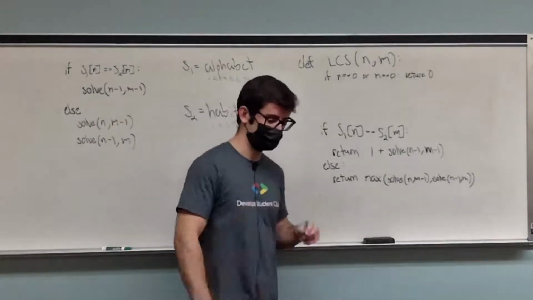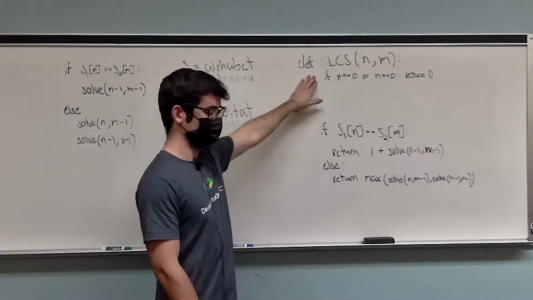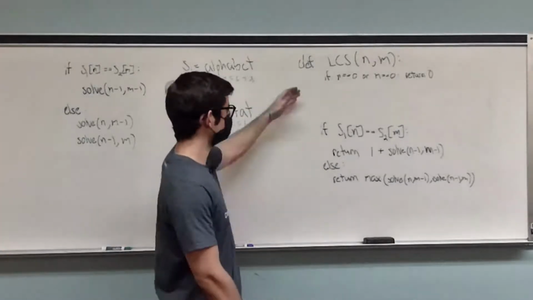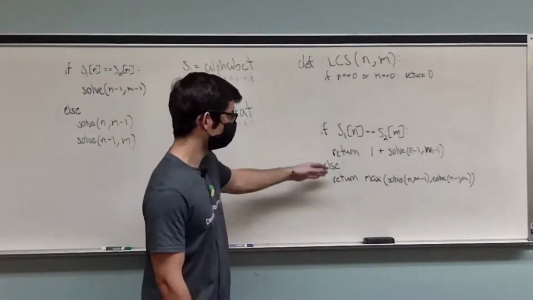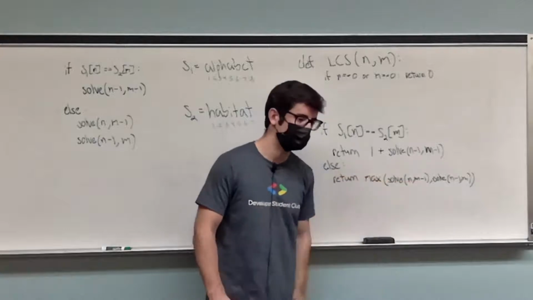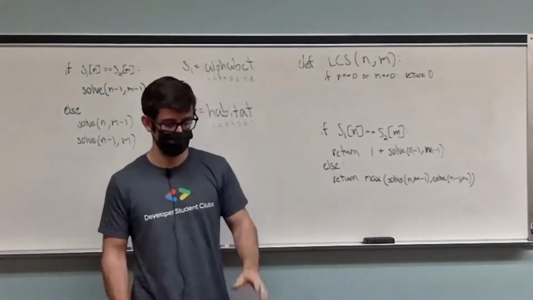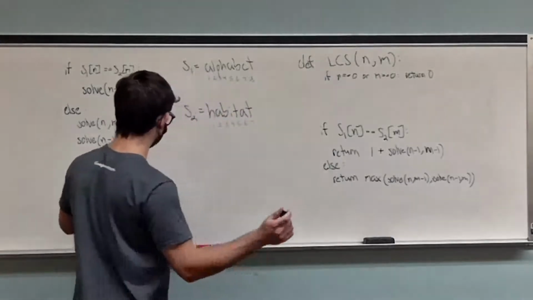Okay, so yeah, you're totally right. This is not efficient because although we have a base case, that's just stopping us from making this an infinite recursion call. But still, we're calling itself. We can call the same n and m multiple times. So we need to implement that table. Let's say that table is created somewhere.